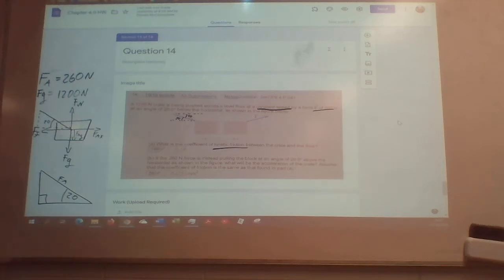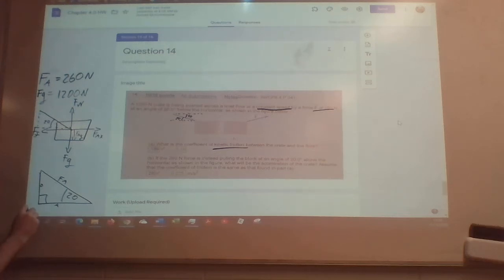So in a rare turn of events, we can actually calculate the horizontal and vertical components. So we don't have to use equations. We can actually use these variables. So vertical is going to be opposite. Horizontal is going to be adjacent, as seems to almost always be the case.